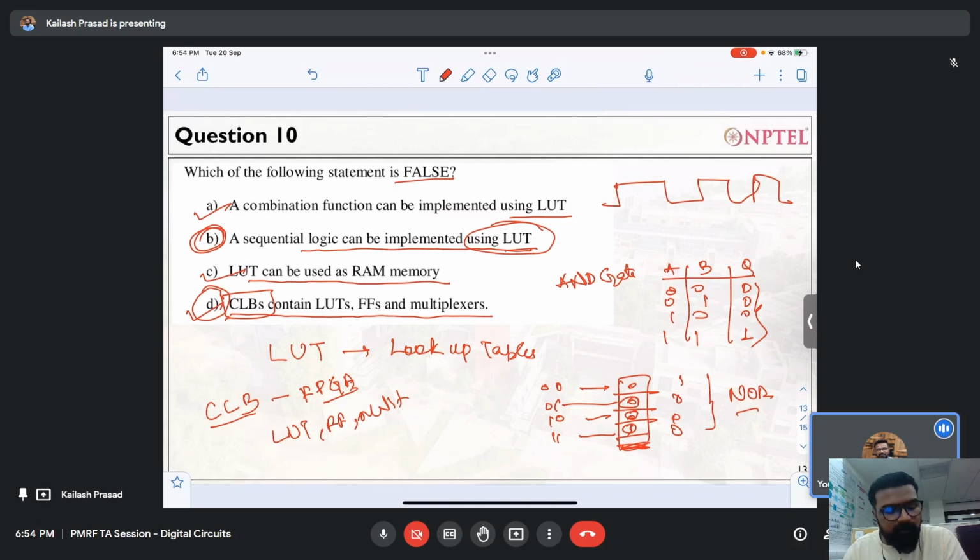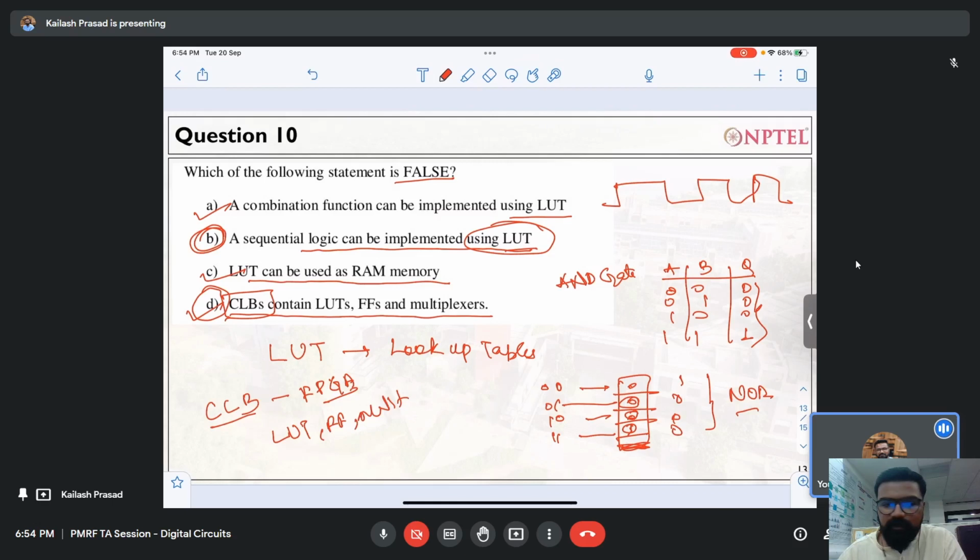Is that clear, everybody? Could you please repeat why sequential logic cannot be implemented using a lookup table? Suppose I want to implement a counter.